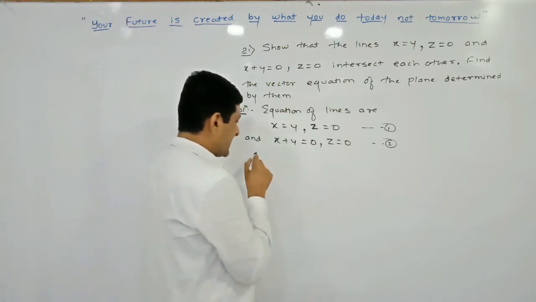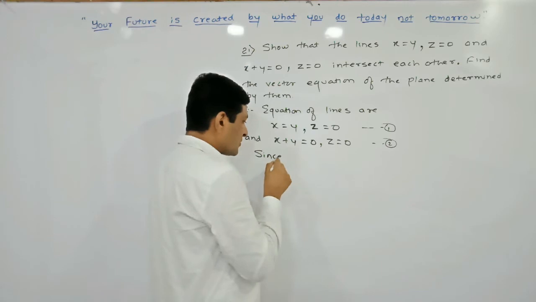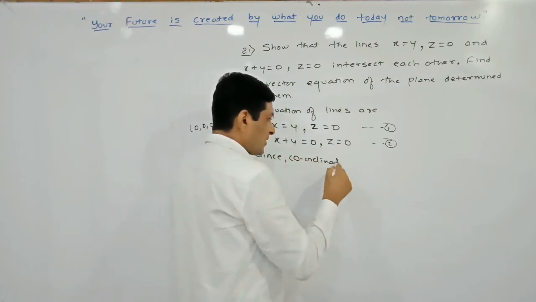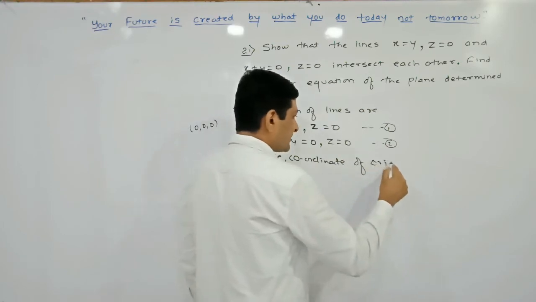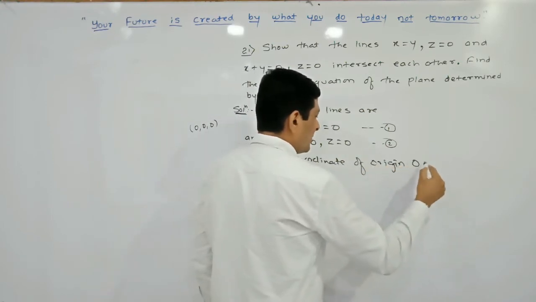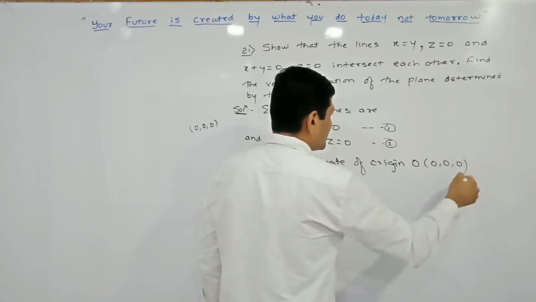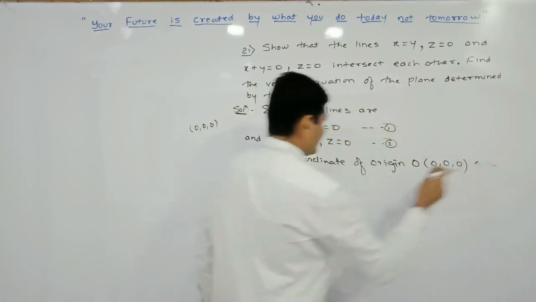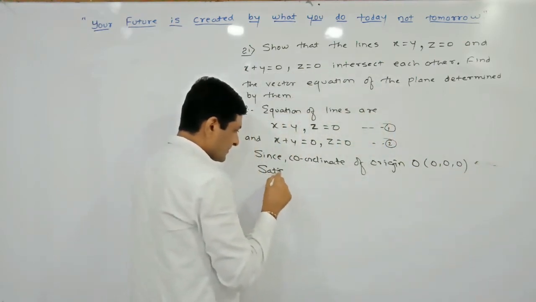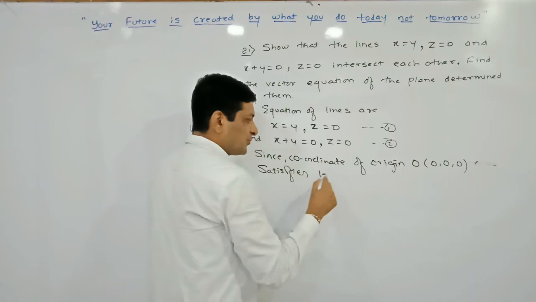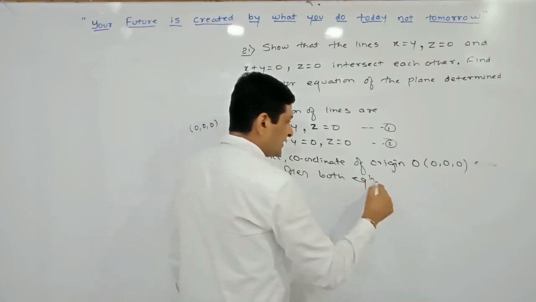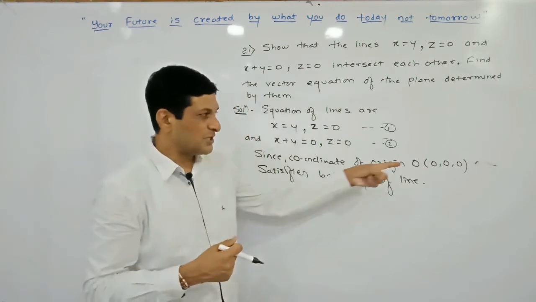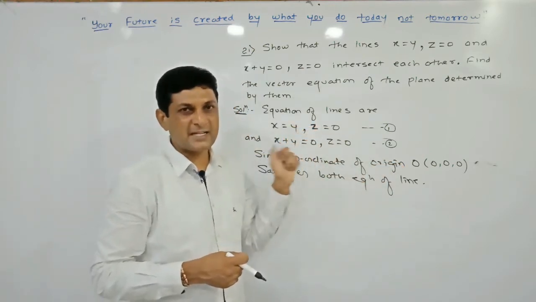So here we can say that since the coordinate of origin O (0, 0, 0) satisfies both equations of line, that's why we can say that origin is the point on the first line and the second line also.